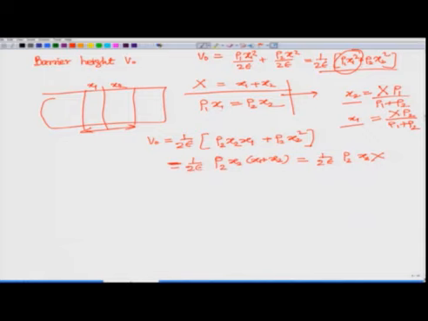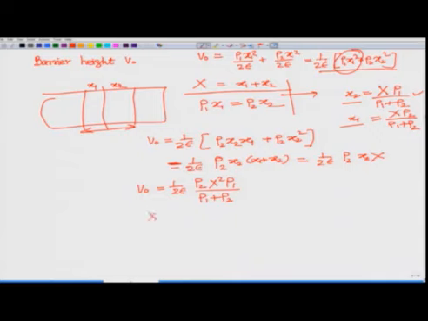Let us come back here. Your V naught is now 1 over 2 epsilon times rho 2 and capital X, and for x 2 you have to write this, so you have another capital X and a rho 1 divided by rho 1 plus rho 2.